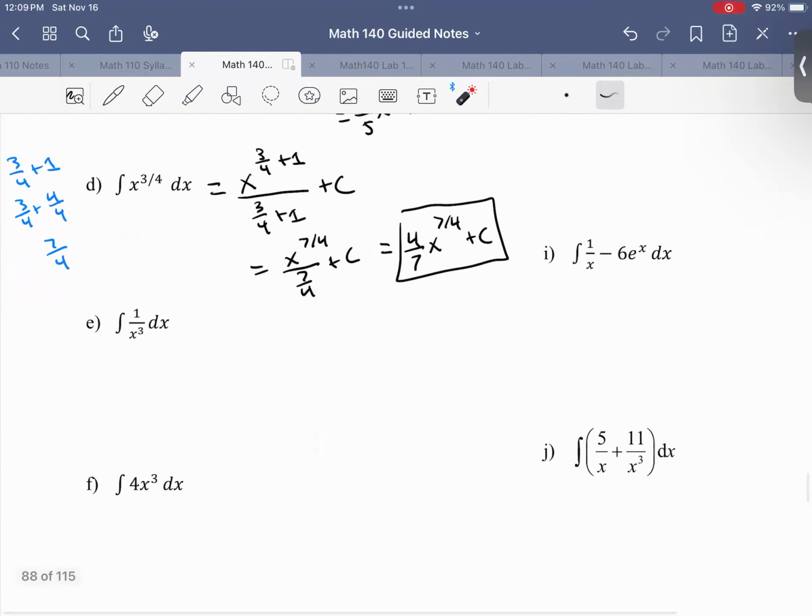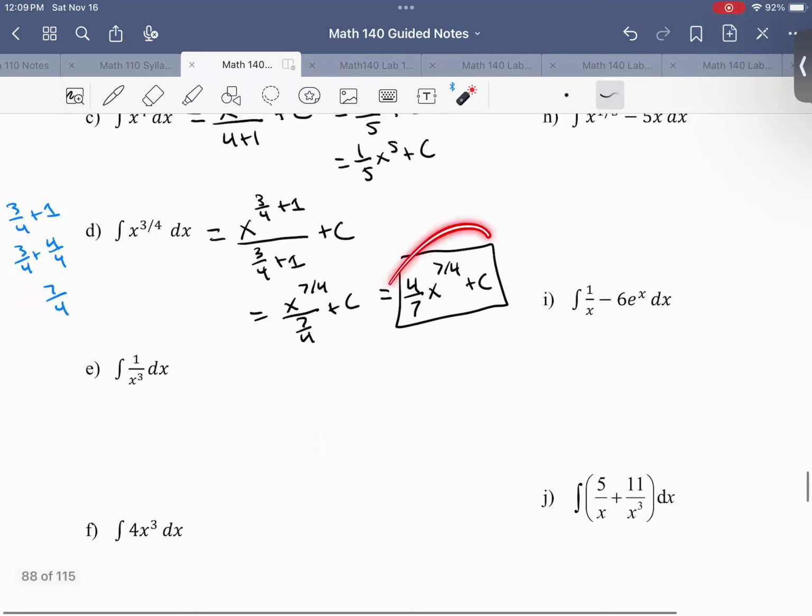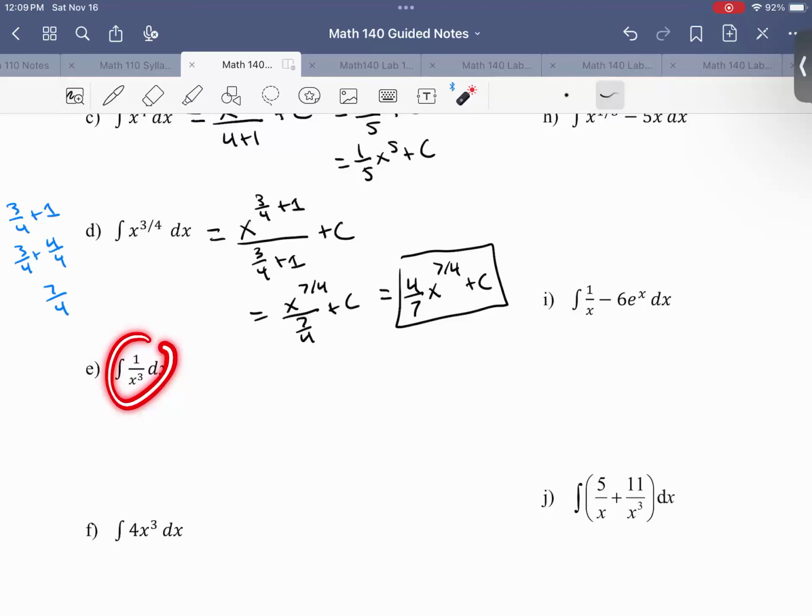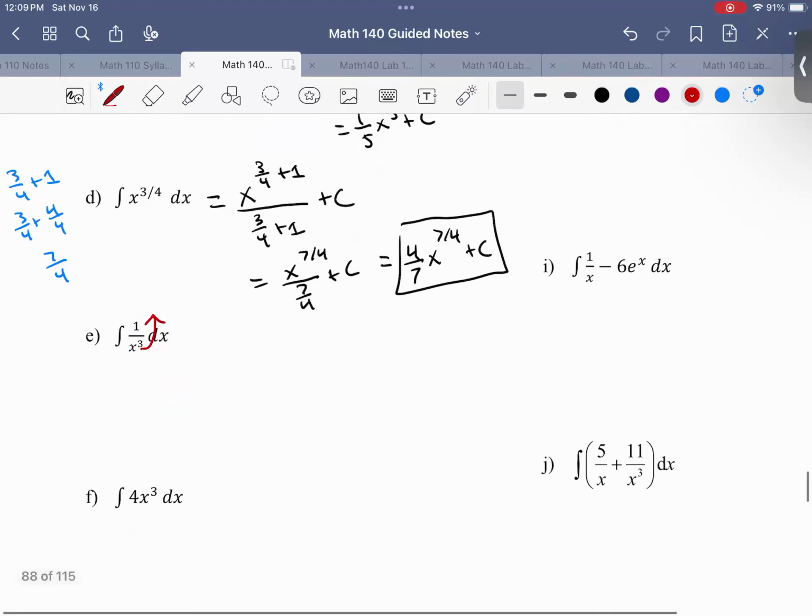Let's go ahead and look at letter E now. We have 1 over x cubed dx. So this is a different type of example, but it definitely relates to the previous examples where we've got to add 1 to the power. So much like with derivatives, we would bring this x cubed up to the top numerator. So this becomes the integral of x to the -3 dx.